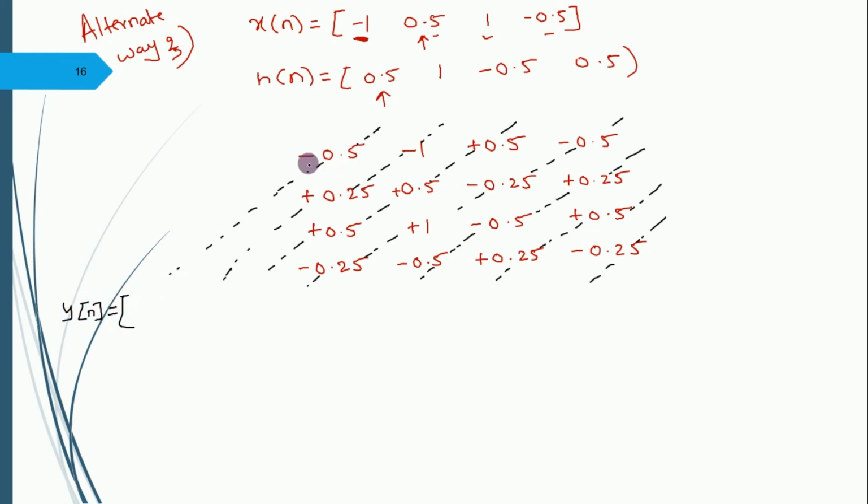First, what do you get? Minus 0.5. Here, what do you get? You have to take a sum of it. Minus 1 plus 0.25. What do you get? Minus 0.75. So for this value itself, I am multiplying 0.5, right? So this becomes 0 index. Fine. Next, third one. 0.5 plus 0.5 plus 0.5 will result in 1.5.